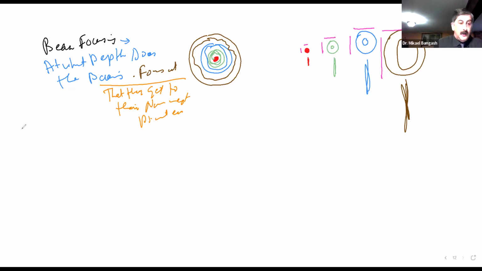And that will be the focal depth for each of these individual PCTs or crystals.